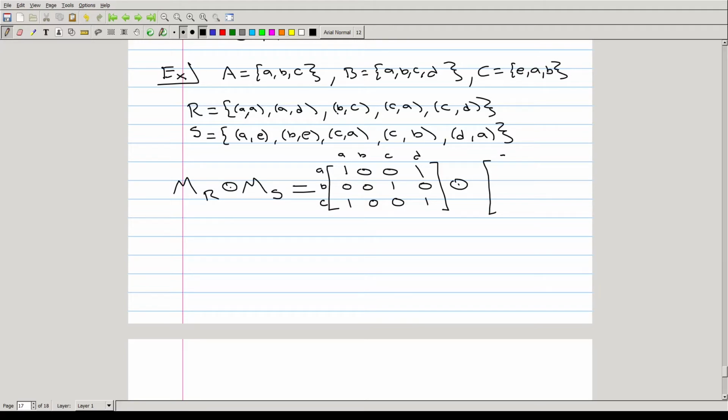So this is going to E, A, B, and it's going from the set A, B, C, D. AE is in the relation S. No other elements starting with A. BE is in the relation S. No other elements starting with B. CA is in the relation, and CB is in the relation. And lastly, DA is in the relation.